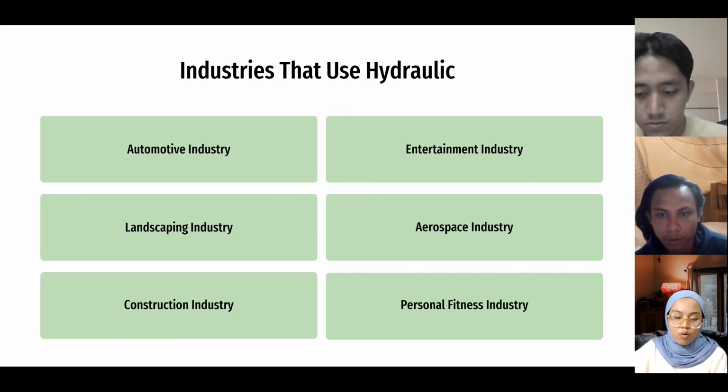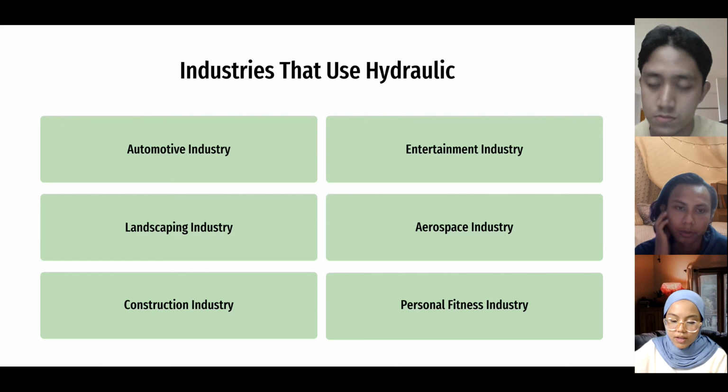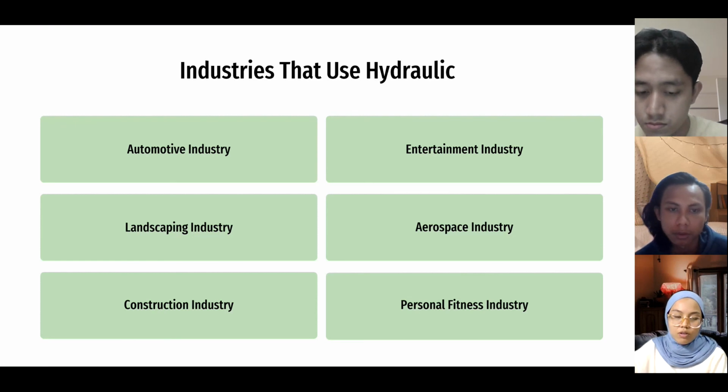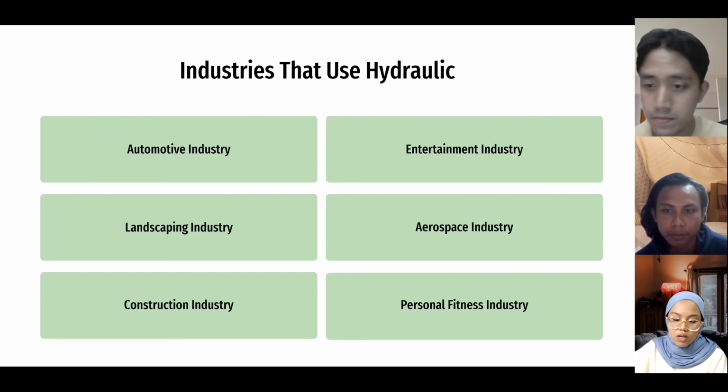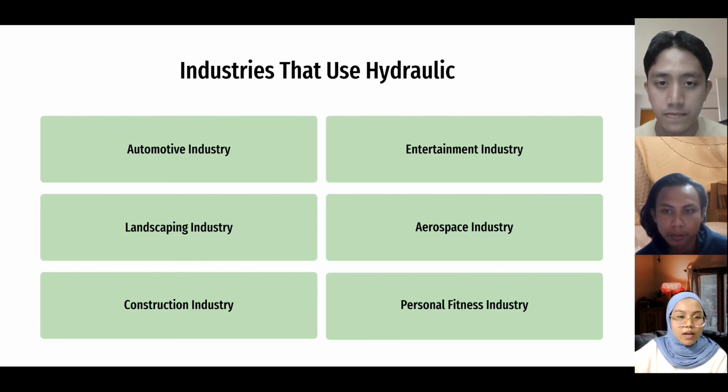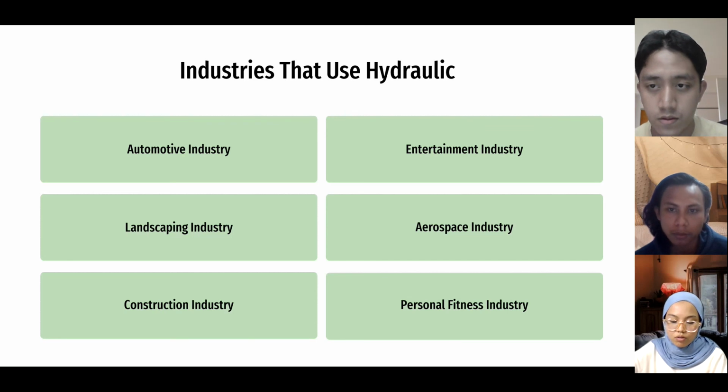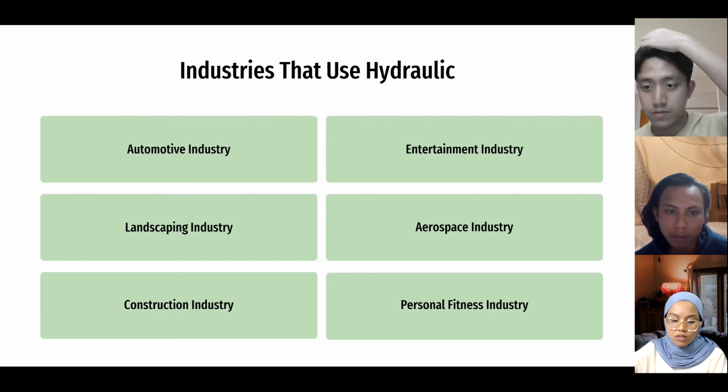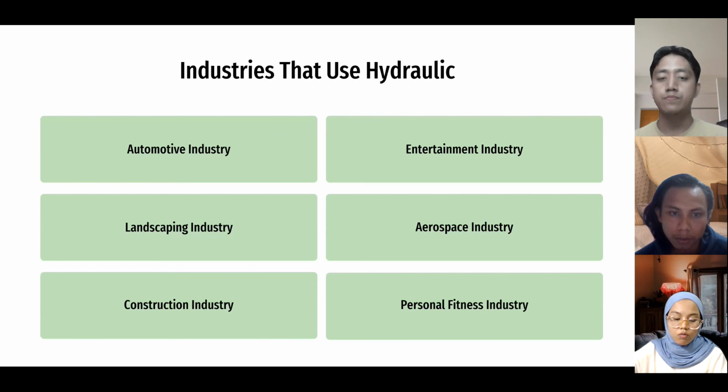There are backhoes and excavators that all utilize hydraulic power to make massive jobs seem almost trivial. And then the entertainment industry. Hydraulics is used throughout many different aspects of the entertainment industry, for example concert musicians use hydraulic platforms on stage or movie sets.